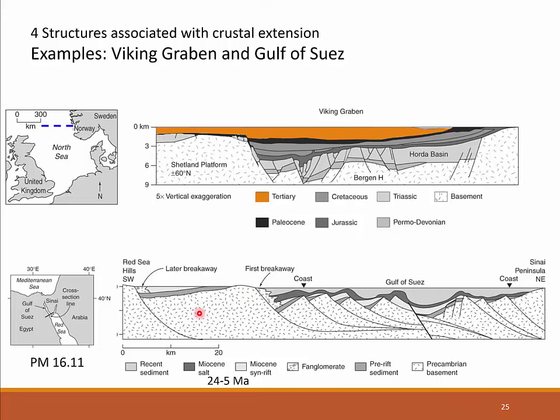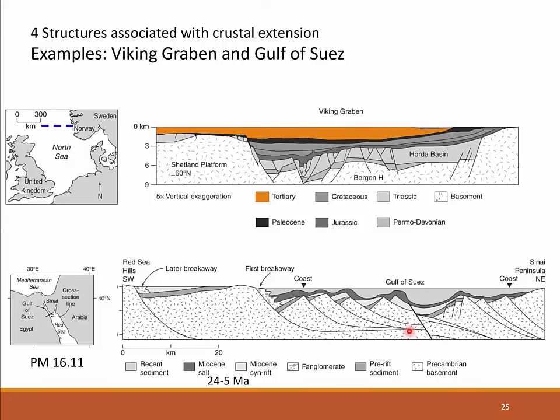There are two episodes when these breakaways form. There's here a first breakaway, and we can see here the fanglomerate is then overlain by Miocene salt layers and then by recent sediments. These salt layers are missing in this area, and from that gap in the stratigraphy we know that this is a later listric normal fault compared to this detachment that we see over here.